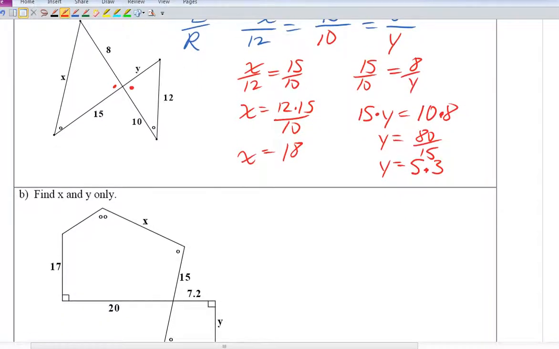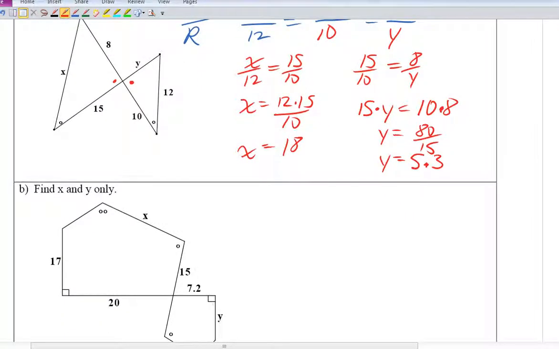Okay, next one. Which one do you want on top, the big or the small? Doesn't matter. We'll choose big, small on the bottom. So you have 4 fractions. X, 15, 20, and 17.